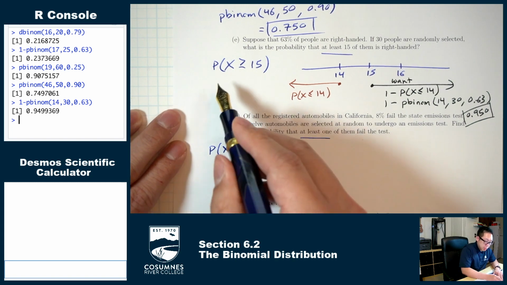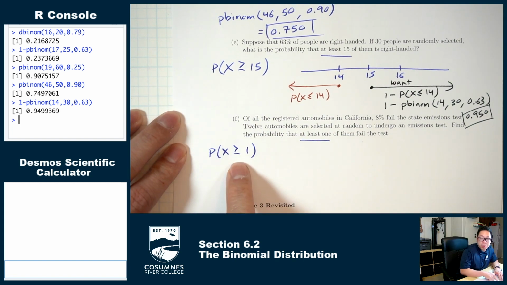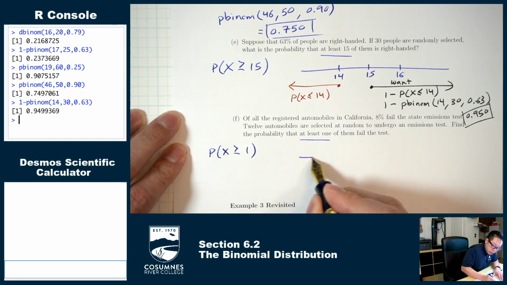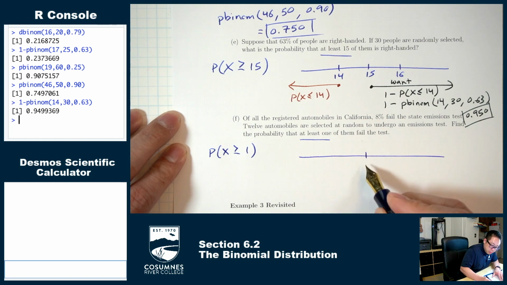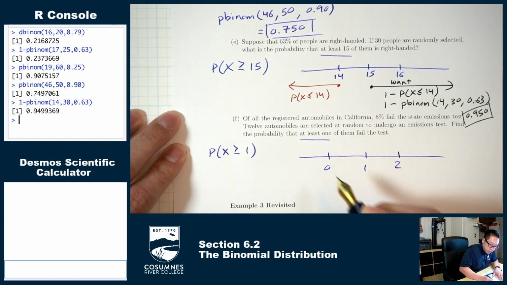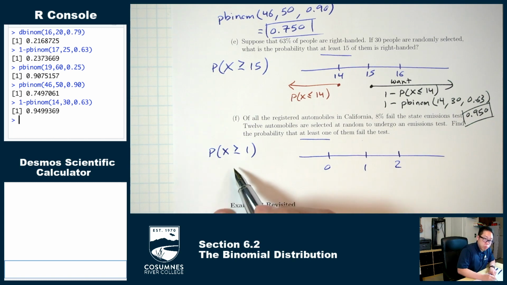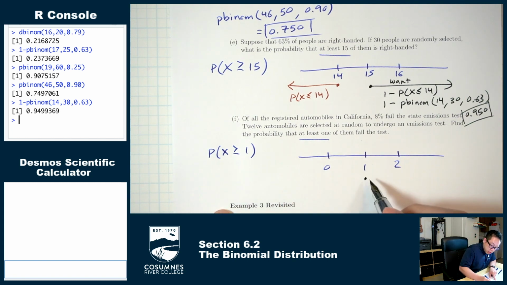All right, so it should be the same idea as part E. Greater than or equal is not one of the things that R is going to do for me directly, so I need to draw a picture to help me visualize. Numbers around 1, so 2, 0. Greater than or equal to 1 refer to which numbers? So greater than or equal to 1 is 1 and to the right.